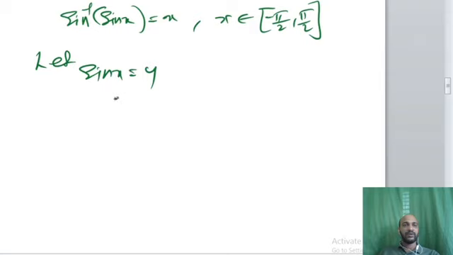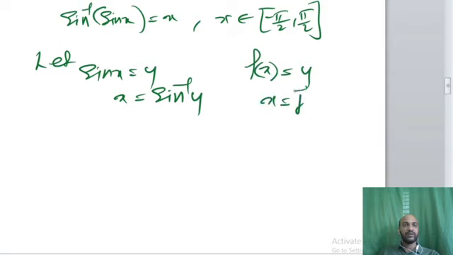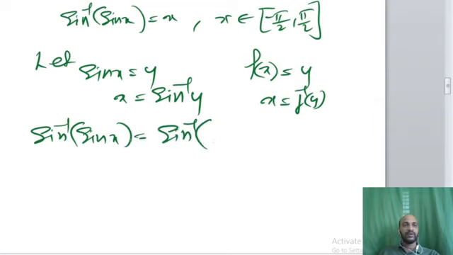If sin x equal to y, then what is the value of x? x will be equal to sin inverse of y. Here also we are applying the property, f of x equal to y, then x will be f inverse of y.